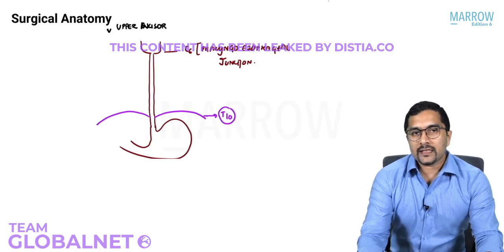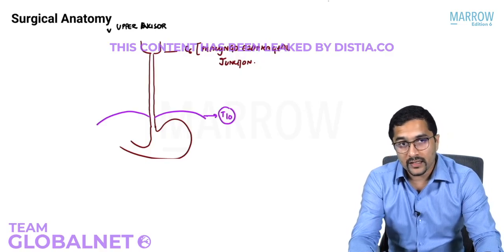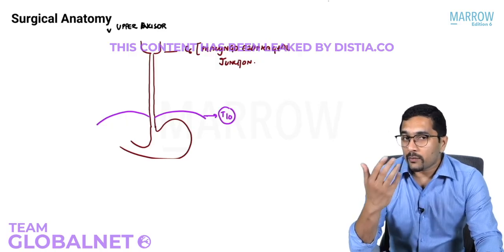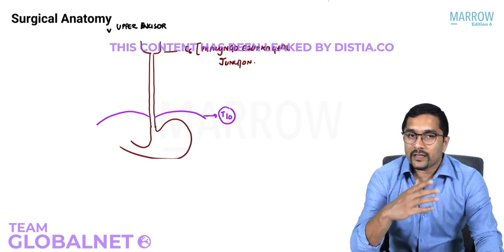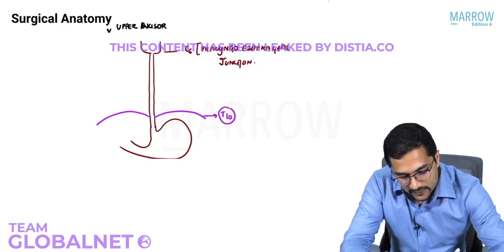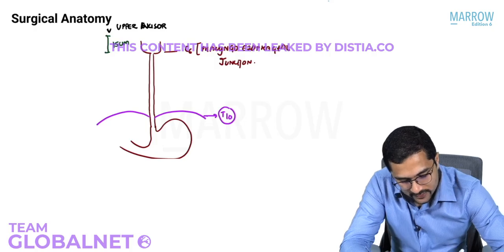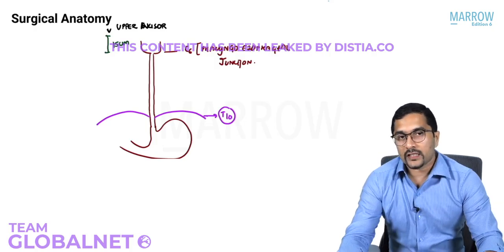And when they measure the distances from the upper incisor, they come across 3 constrictions in the esophagus. In anatomy, you might have been taught about 4 constrictions, but when we do endoscopy, there are 3 constrictions. The first constriction is at 15 centimeters from the upper incisor, and this is your pharyngoesophageal junction.